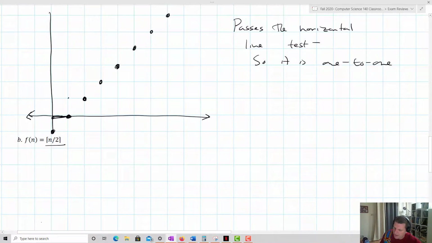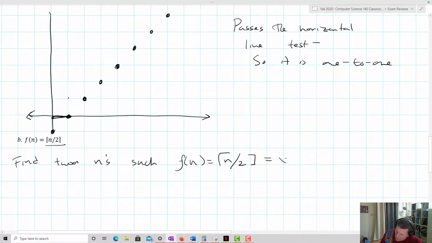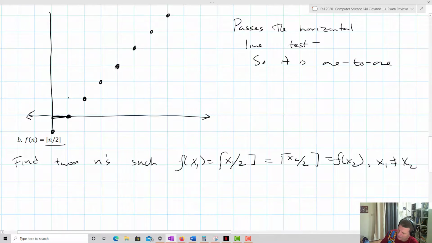All we have to do is find two n's, x1 and x2, such that f of x1 equals x1 over 2, which equals f of x2, which equals x2 over 2, and x1 does not equal x2.